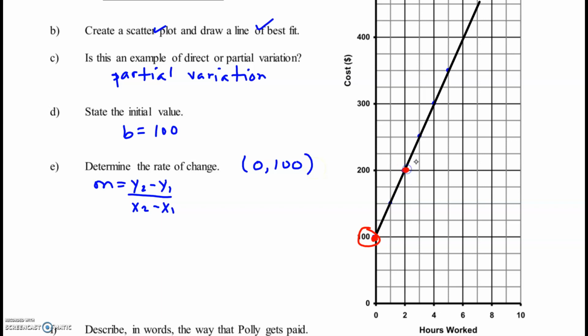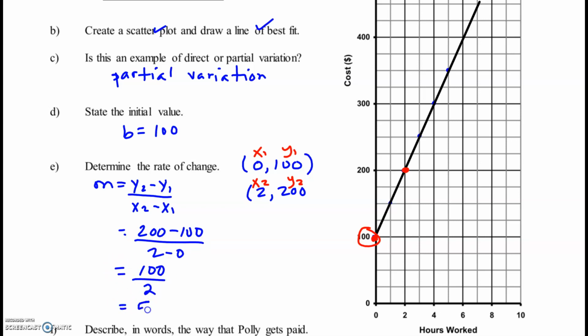I'll pick the point here that I plotted to 200. Okay, we'll label our points x1, y1, x2, y2, and that's going to be 200 minus 100 all over 2 minus 0, which would be 100 divided by 2, which is 50.